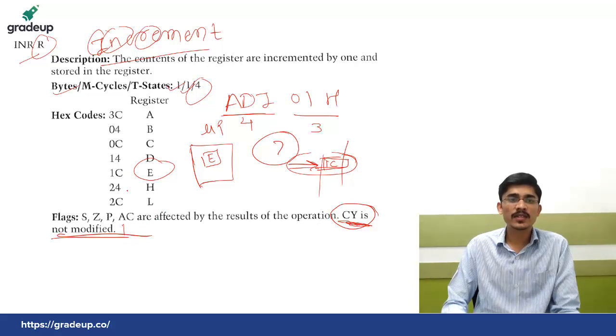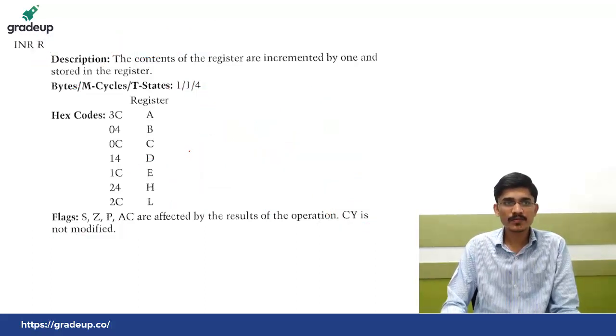It is different for the 8-bit registers and different for the 16-bit registers. For simple addition and subtraction, all the flags are affected. For 8-bit increment, the carry flag is not affected, but all other flags are affected. We will see later what happens to the 16-bit registers.